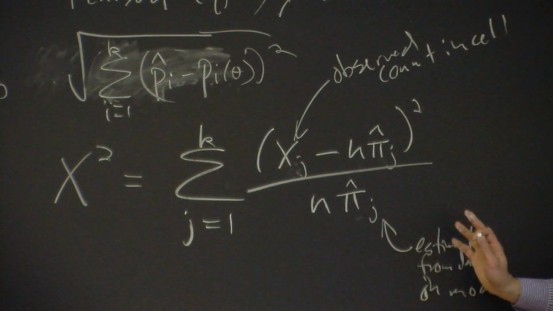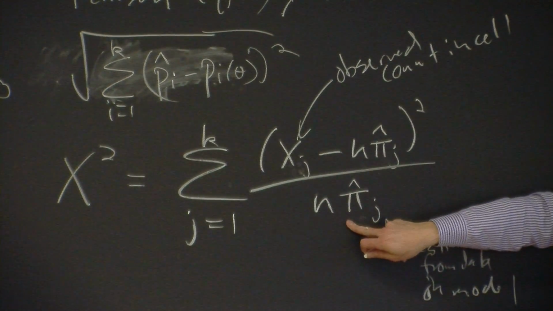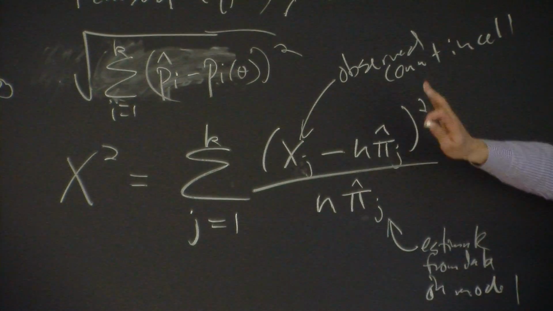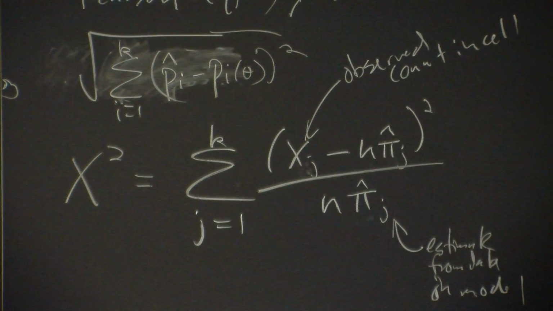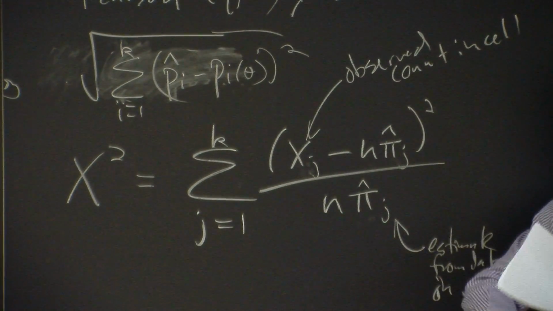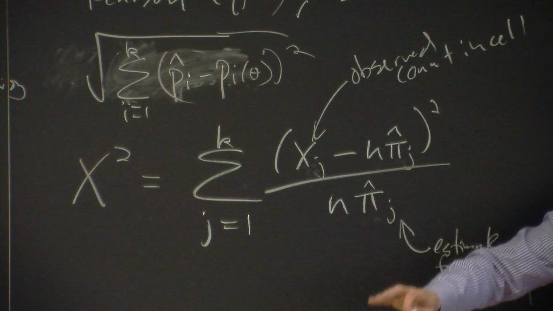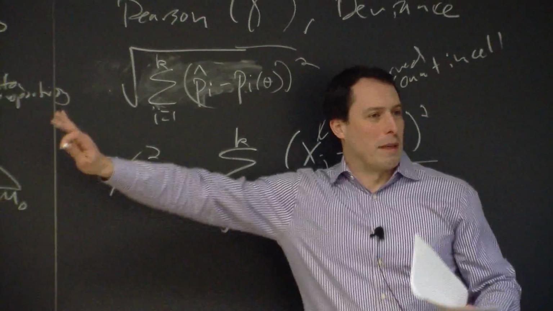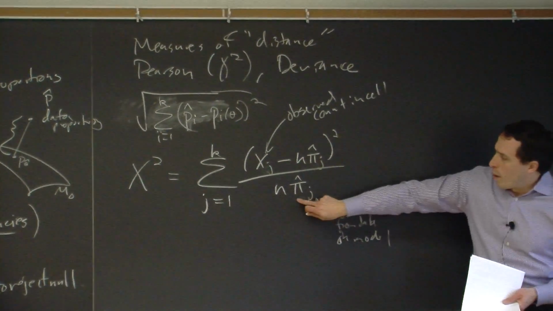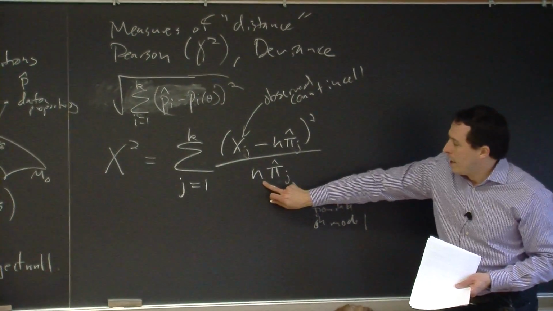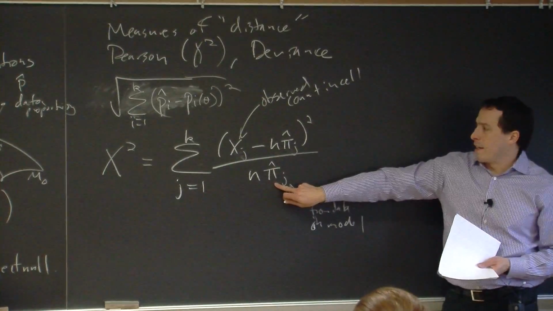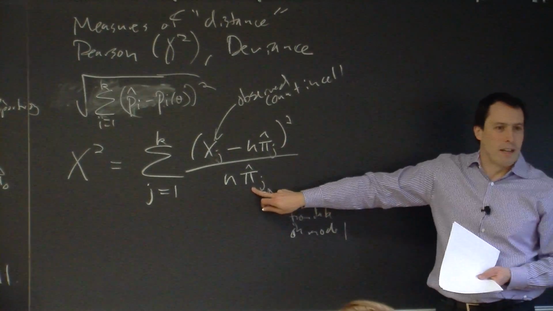But it turns out that to get the statistics to work out, I need to weight this sum. So I don't just use the Euclidean metric. You can think about it, if you know about this sort of thing, as doing a linear change of coordinates, I change the metric. And so what I'm doing is weighting it by this quantity, n pi hat, the expected quantity, dividing by that.